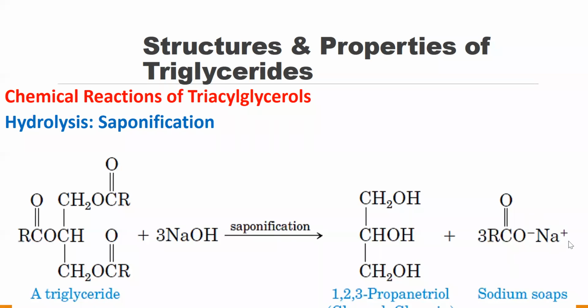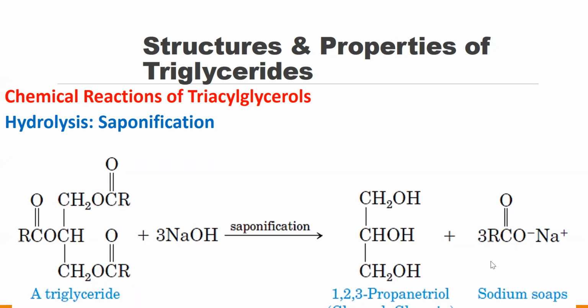The properties of our soap, we actually get a mixture, depending on our source of triglycerides. If you have the same R, then you get all the same R here. But remember, your triglyceride can have the same R or different R groups. If you have different R, you would expect different types of sodium carboxylate groups.